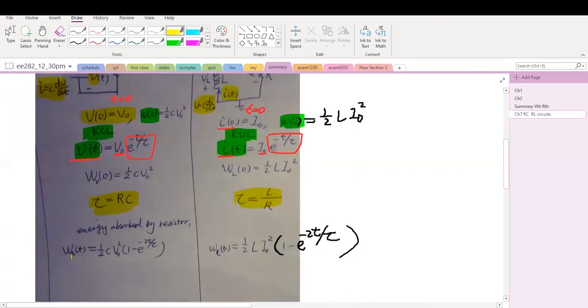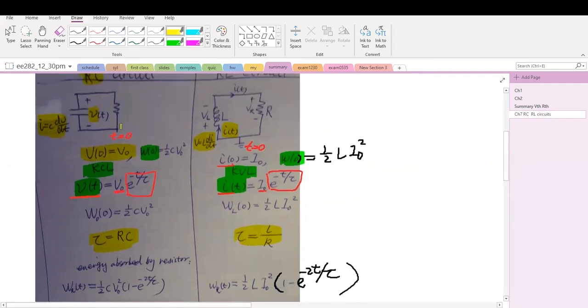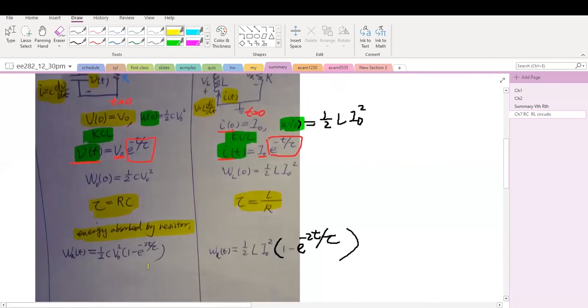As time goes to infinity, the energy will be absorbed completely by the resistor. The energy absorbed by the resistor as a function of time for the RC circuit is half C V naught squared times (1 minus e to the power minus 2t divided by tau).